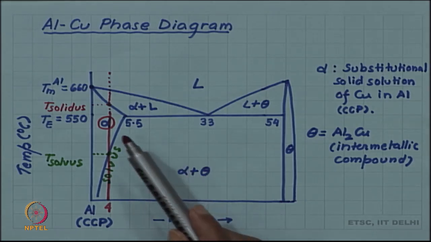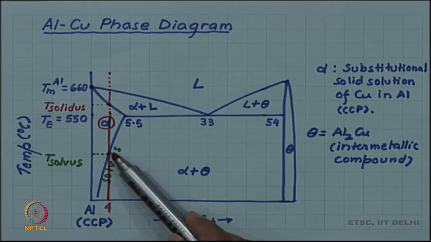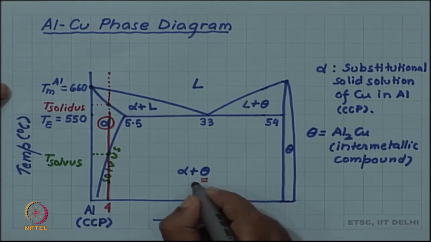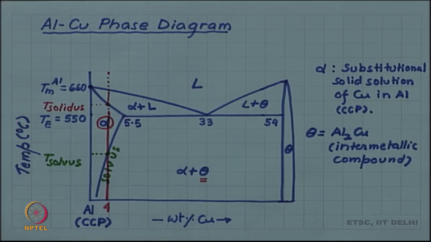Now, if this phase is cooled below the solvus, theta will start forming within alpha. Alpha is already a solid CCP phase, and in that a new phase, the precipitate phase theta, will form.